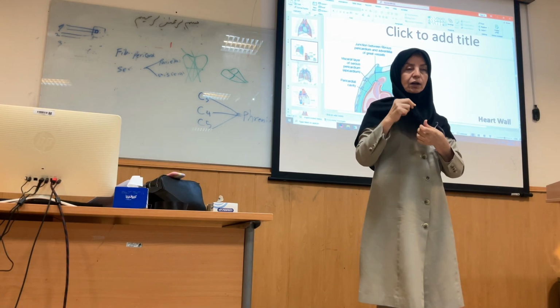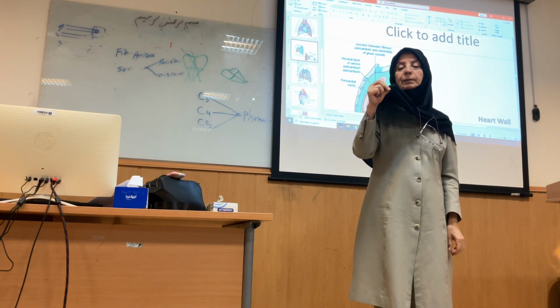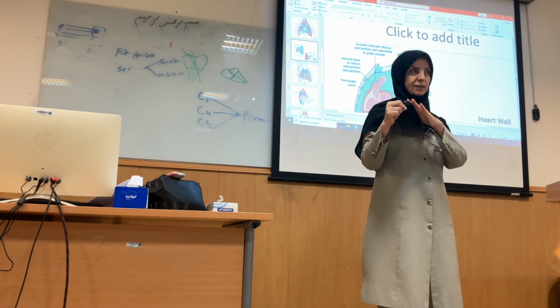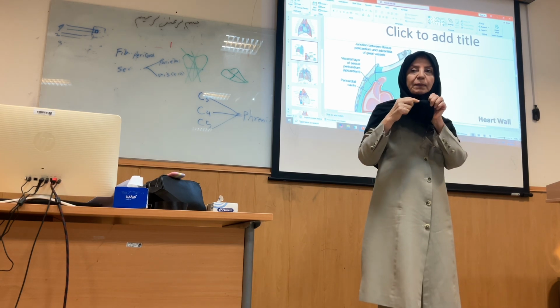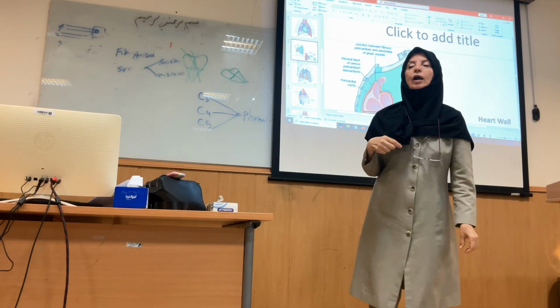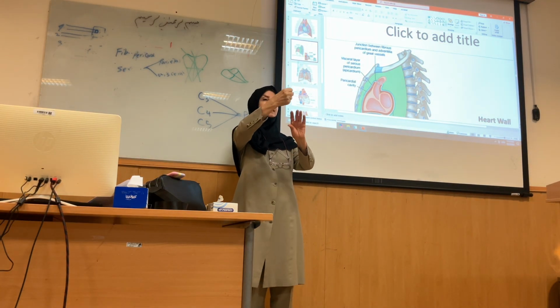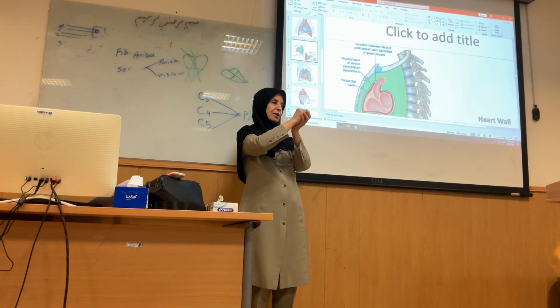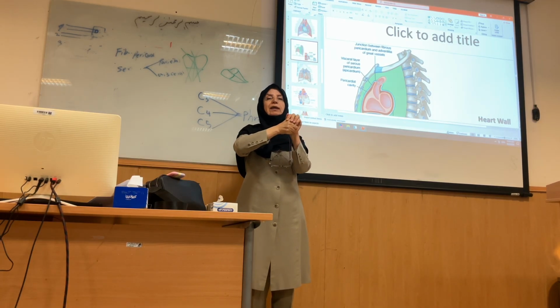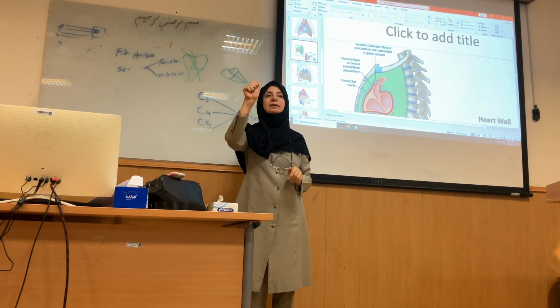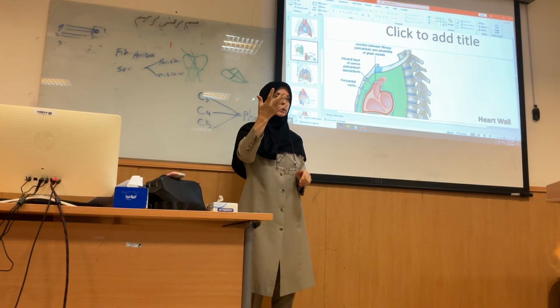Now, this layer consists of two layers. Tell me the names. Fibrous pericardium, serous layer. Both of them are innervated the same way. What about the visceral pericardium? Visceral serous is innervated such as the heart, by sympathetic and parasympathetic.